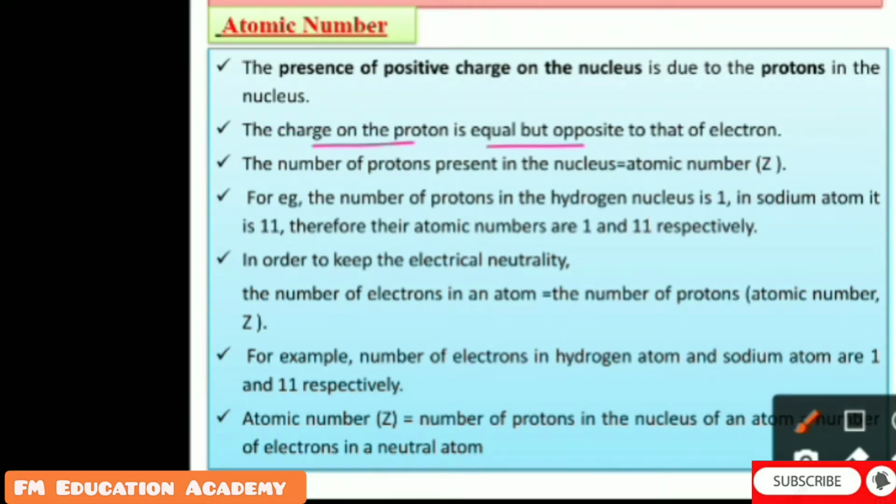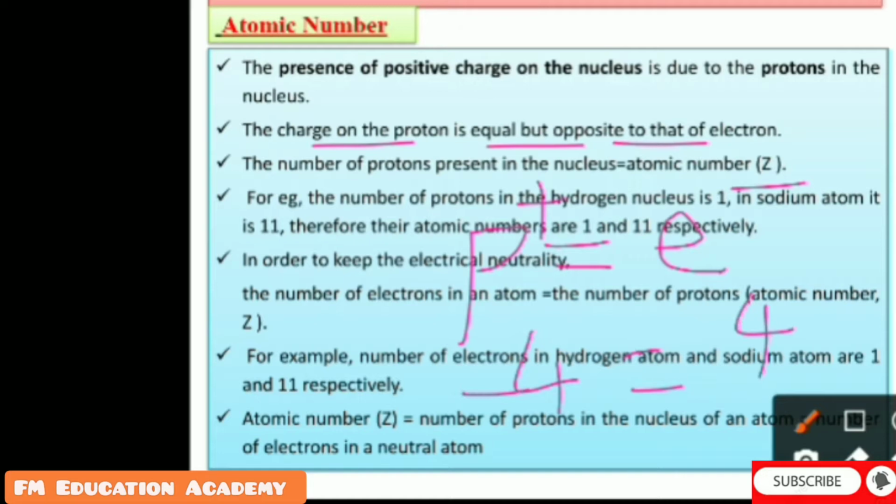And the charge on the proton is equal but opposite to that of the electron. It means that the magnitude of the proton's charge equals that of the electron, but the charges will be different. For proton it will be positive and for electron it will be negative. For example, if there are 4 electrons, then there will be 4 protons, with minus 4 for the electrons and plus 4 for the protons.